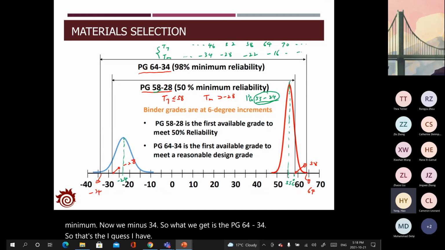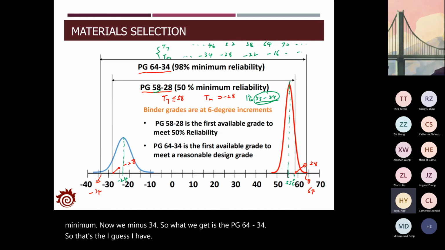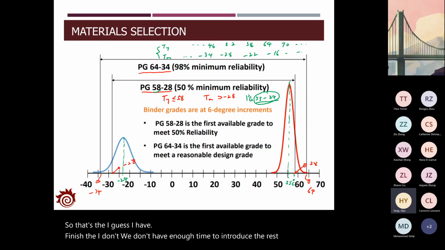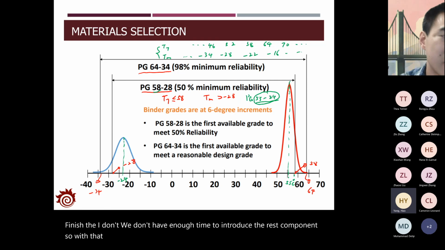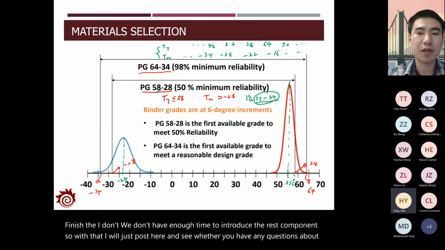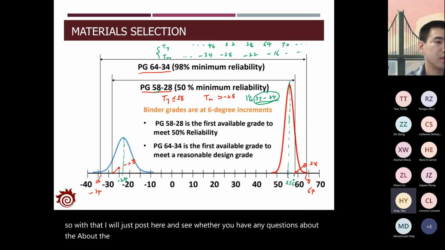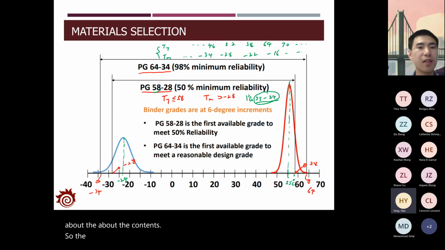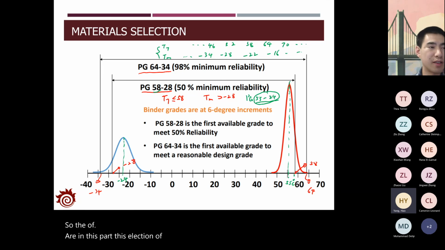I guess I have finished; we don't have enough time to introduce the rest of the components. So with that, I will just pause here and see whether you have any questions about the contents. In this part, the selection of the performance grade is very important.